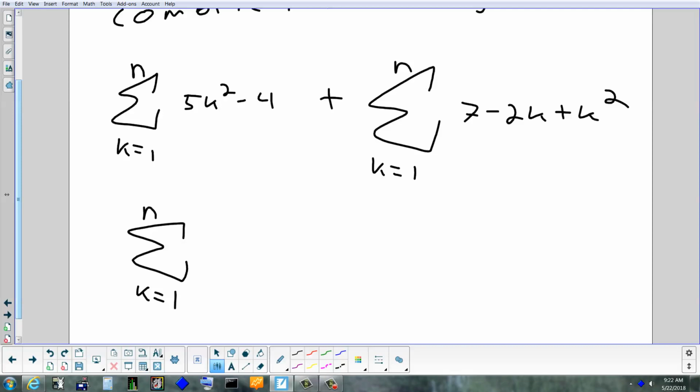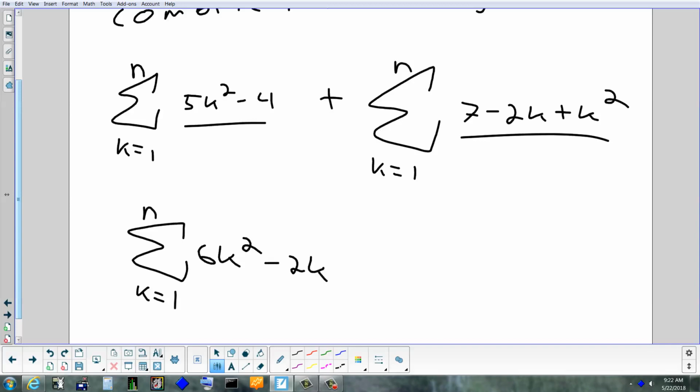All right. So from k equals 1 to n. And now just combine your like terms. When I combine the two things I just underlined, what's going to be the squared term? Yep. So 6k squared. And the linear term? Yep. Negative 2k. And the constant?